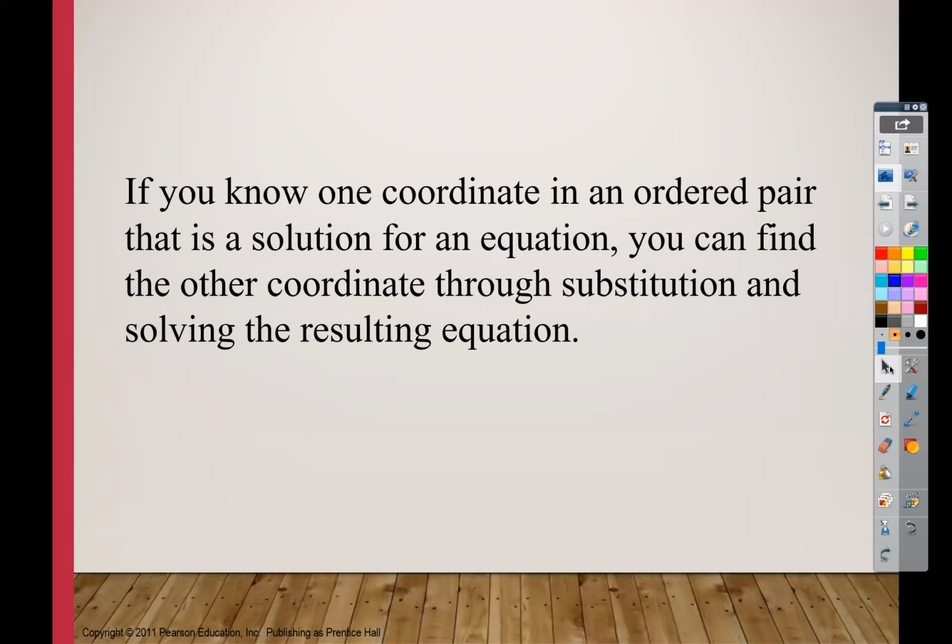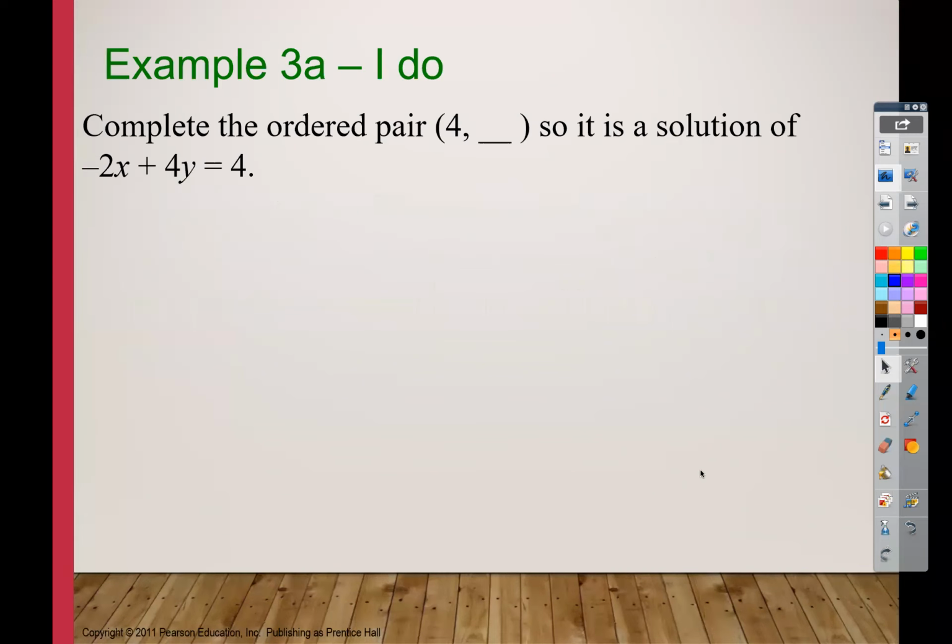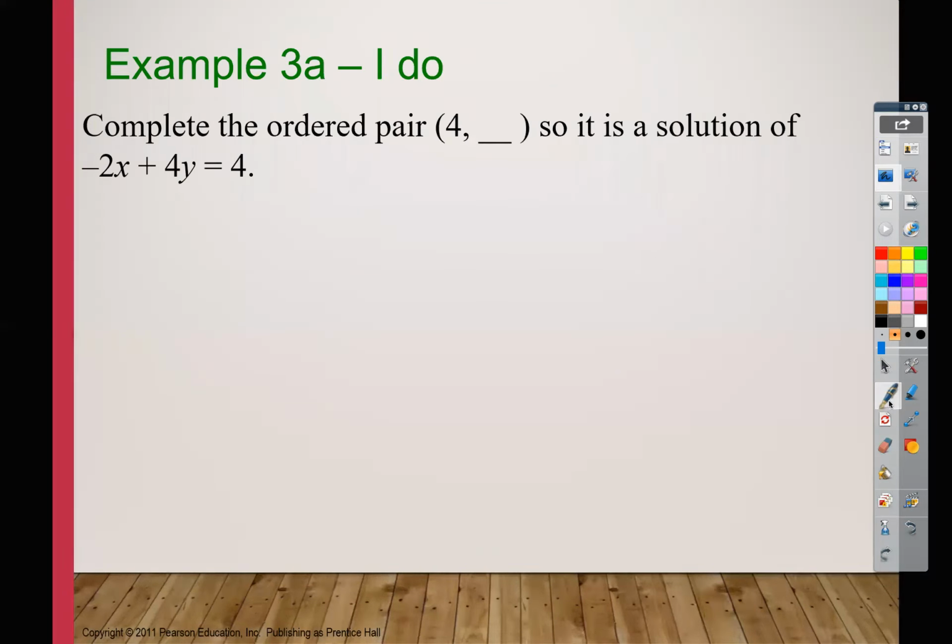If you know one coordinate in an ordered pair that is a solution for an equation, you can find the other coordinate through substitution and solving the resulting equation. So watch. Complete the ordered pair so it's a solution of the equation. You know that this is x and this is y.